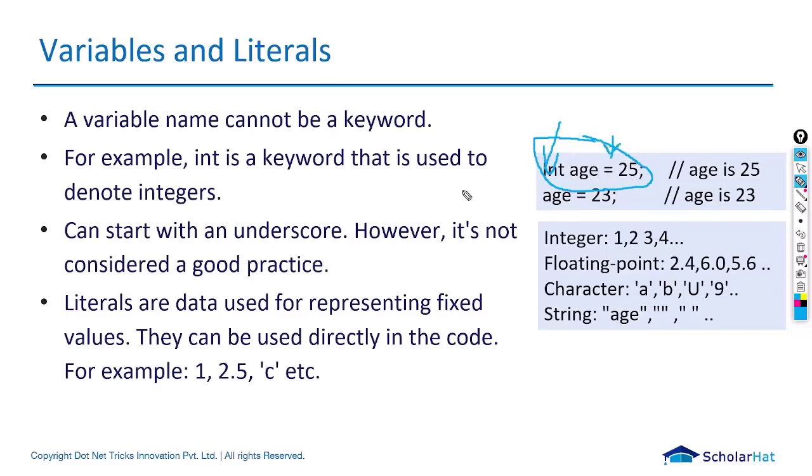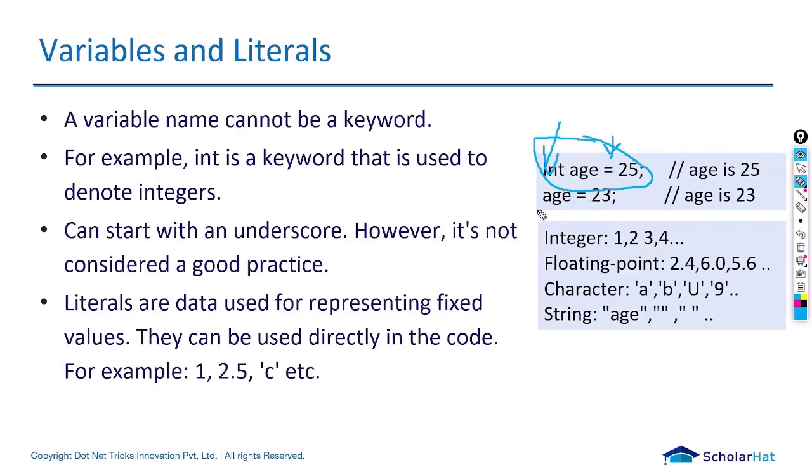So it means we are giving age some memory in the RAM and it's of integer type. Similarly, when I write age equals 23, that means this 25 is getting updated to 23. I don't need to write int here again. We already told the compiler that age is of integer type.